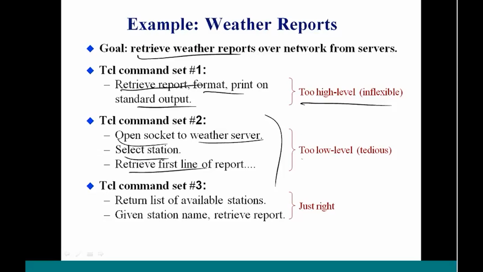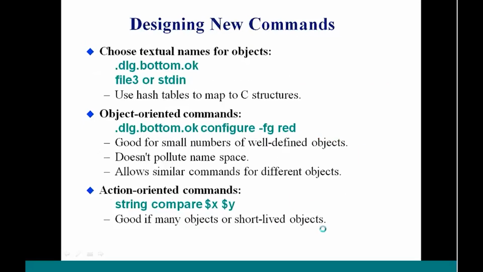This is too low level. So you can see that we still use the same Tickle command set here and here. Now consider a third command set, which returns the list of all the available stations, and given a station name, retrieves the report. That's it. That's your command structure. This is just right.